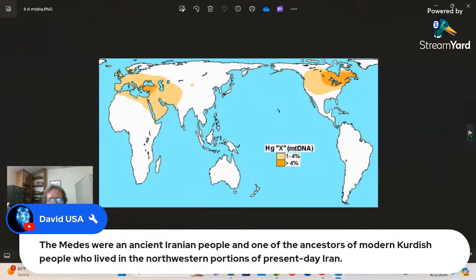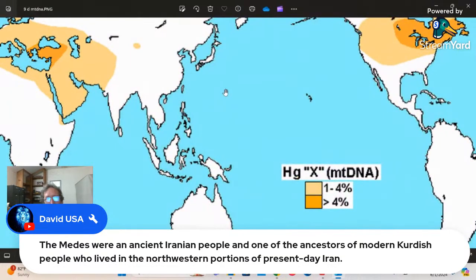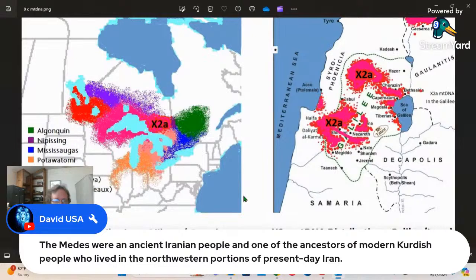Here you have the X in two places. You have the X in the Great Lakes region, and you have the X in the Middle East. And this one shows it even better.